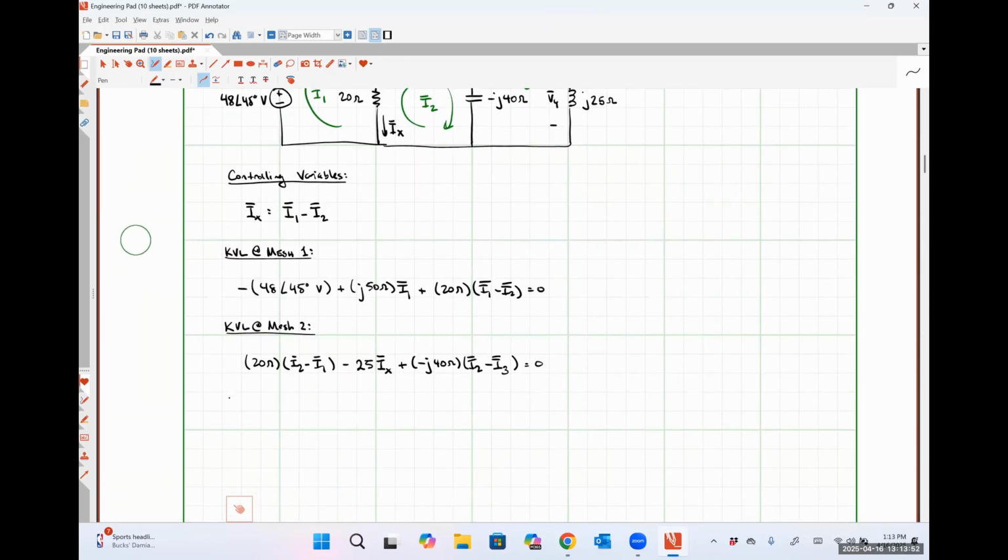And then lastly, I would have my KVL equation at mesh 3.